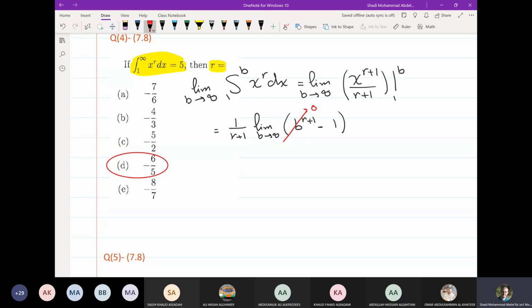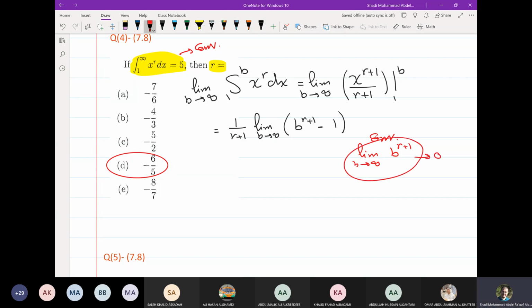Because the whole question should be convergent, since the value of the integral is a number. So for sure this integral is converged. If it goes to infinity, it will diverge. Since it's converged, then the limit as b goes to infinity of b to the power r plus 1 should go to 0.